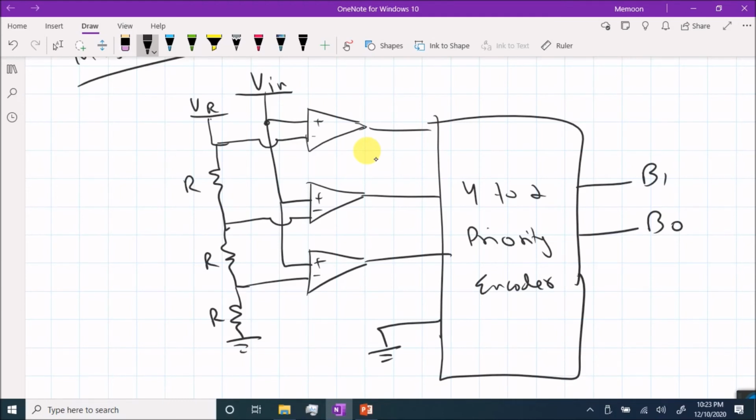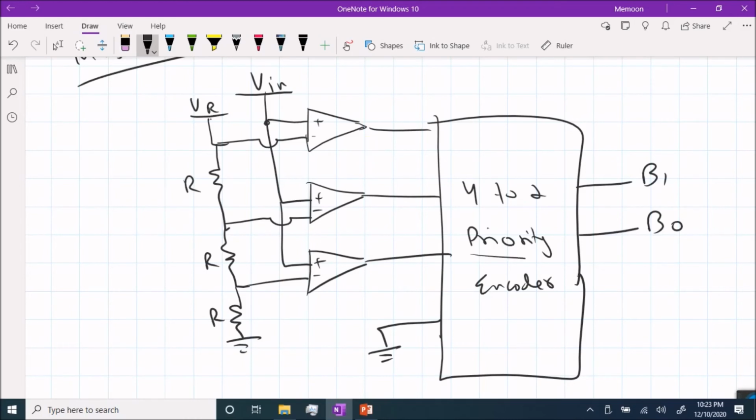If this input was 1 and all the others were 0, so input number 2 was 1, it will encode it to 1 0. Output would be 2. So a larger number of inputs are encoded into a smaller number of outputs.